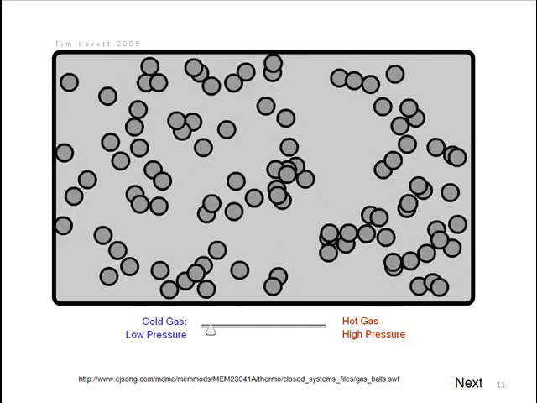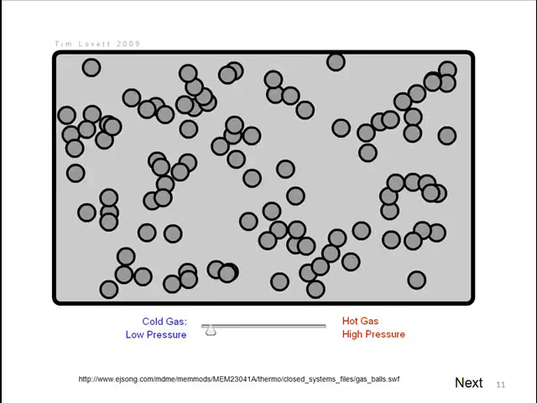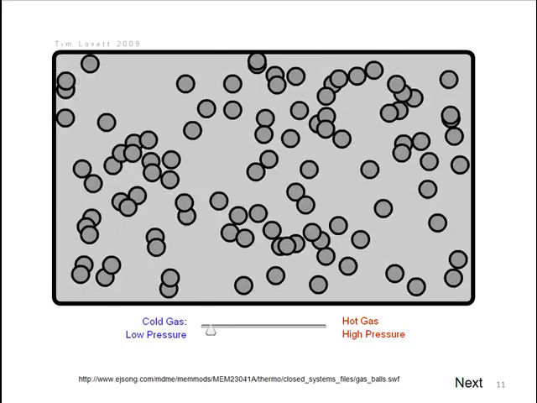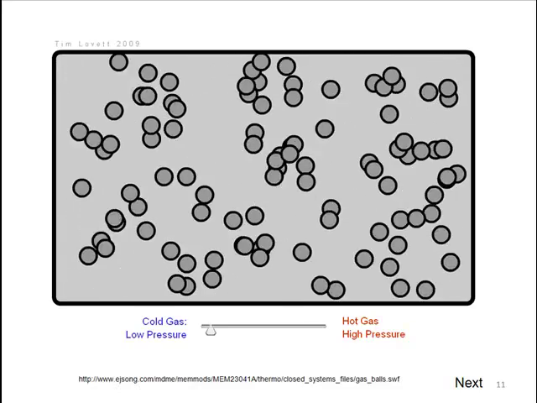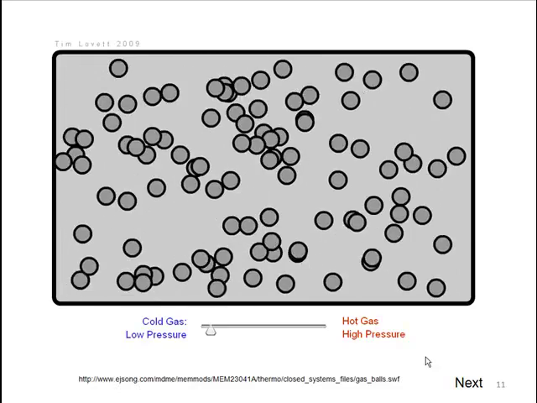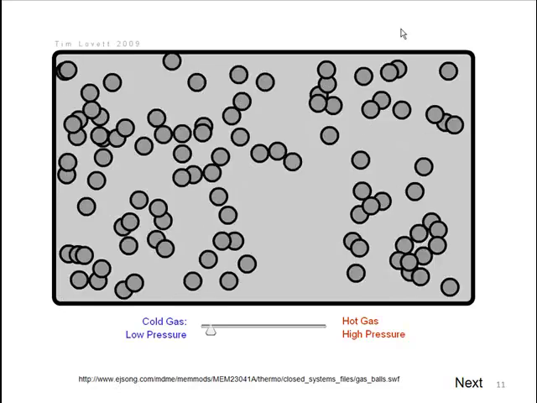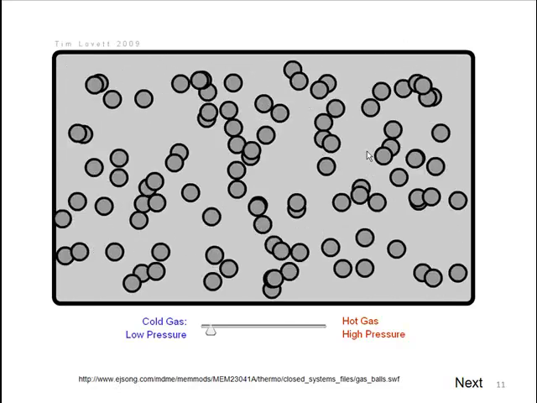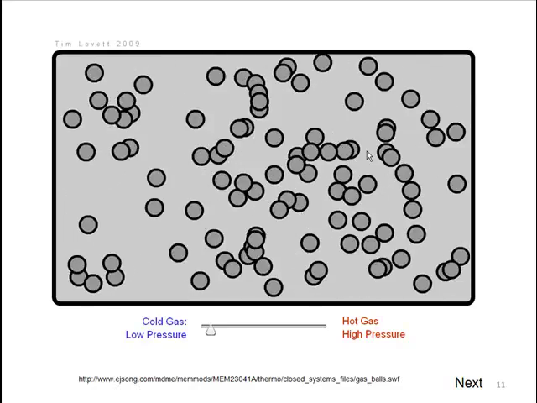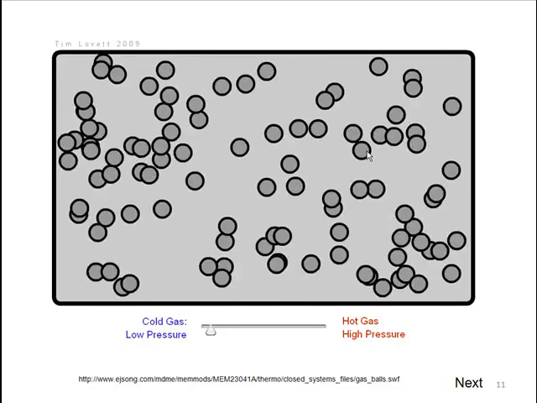All of these molecules here are moving with the same velocity, and they're not colliding at all. How come? It's the way the simulation is set up. Does this actually happen? Nope. They're always colliding with each other, and we have to think of not 2 dimensions, but 3 dimensions. Sometimes it's possible for a molecule to travel and not collide with any other molecules until it hits the side of a container.